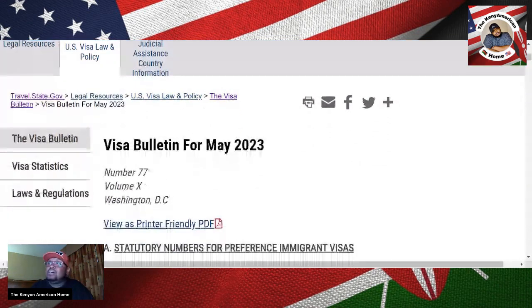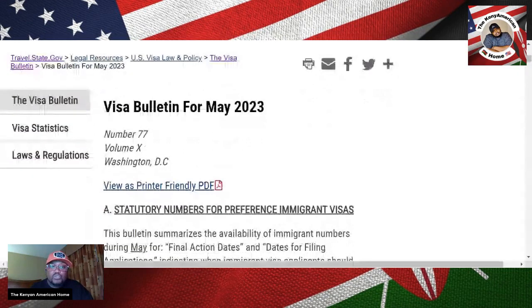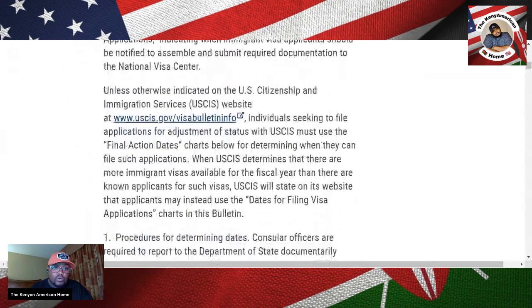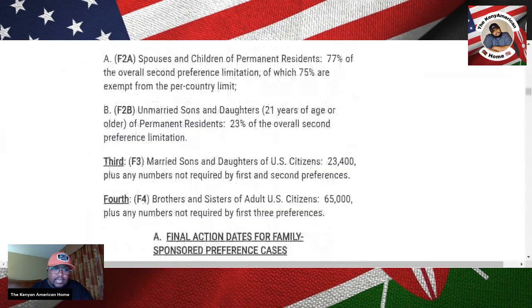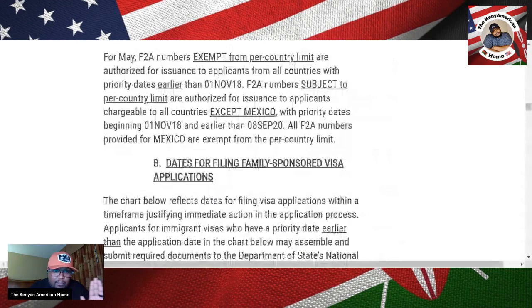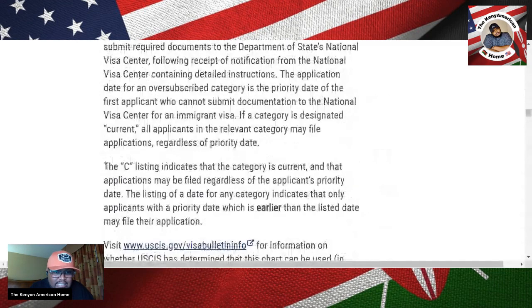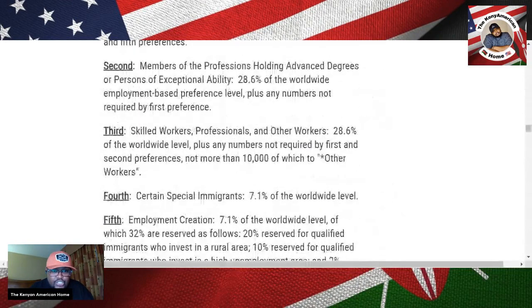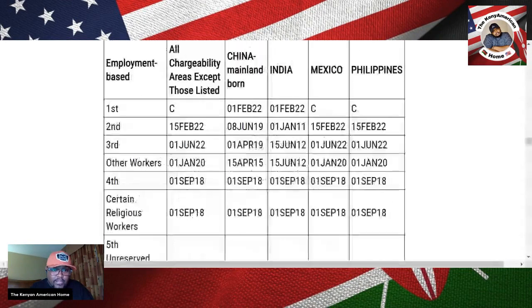And so this is the May 2023 visa bulletin, and it has a lot of information. I don't want to take you through all of it, but it talks about the family sponsored visa applications, and how they're being processed in each region. There's a lot of that info.